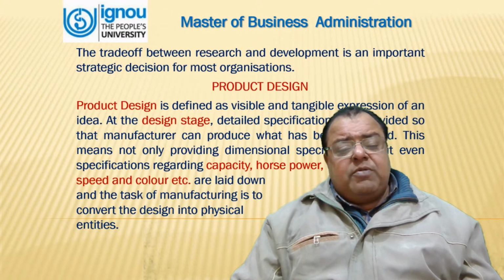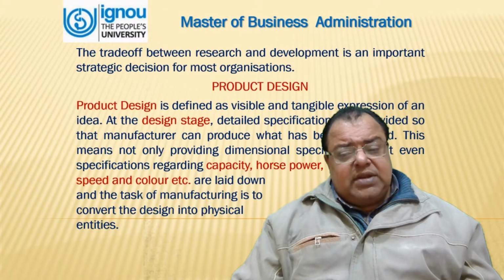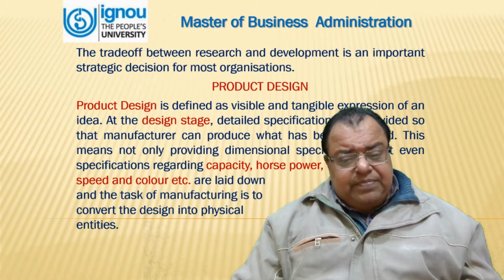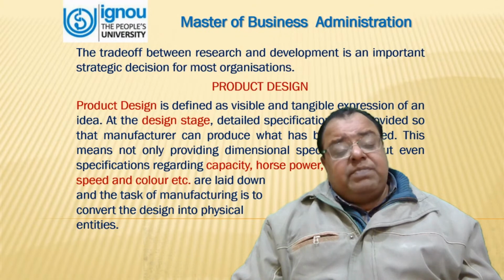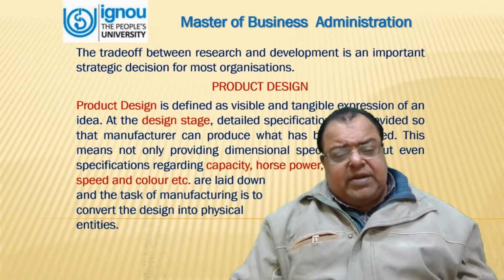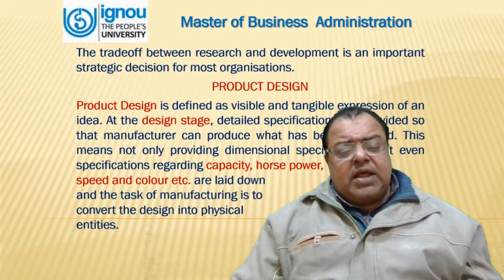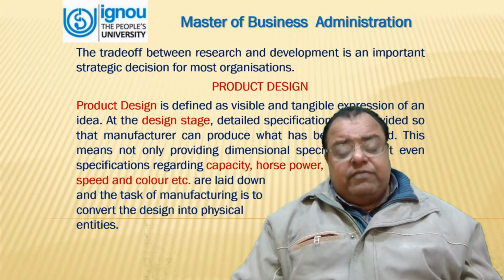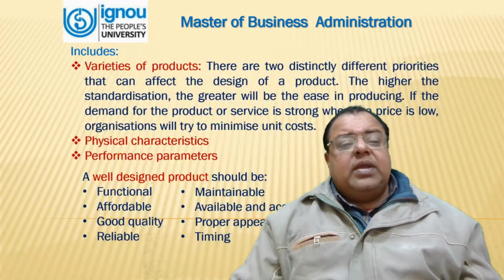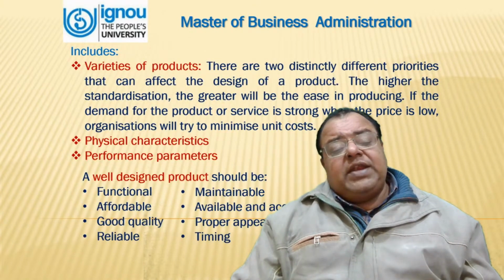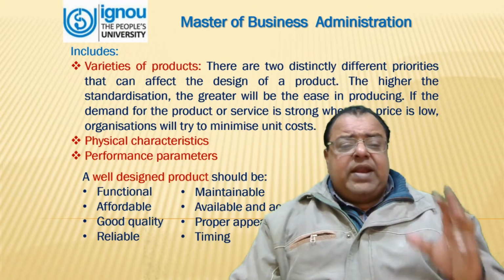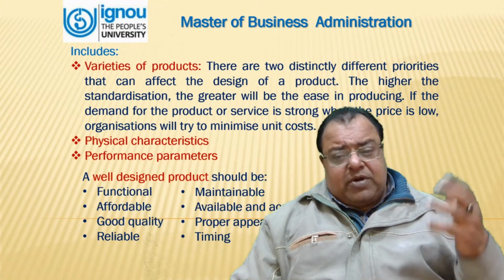This means not only providing dimensional specifications, but even specifications regarding the capacity, horsepower, speed, and color, etc. are laid down, and the task of the manufacturing process is to convert the design into physical entities, which includes a variety of products. There are two distinctly different priorities that can affect the design of a product.